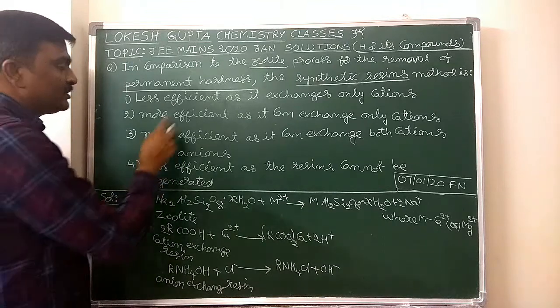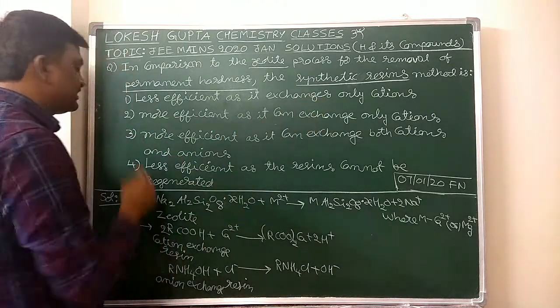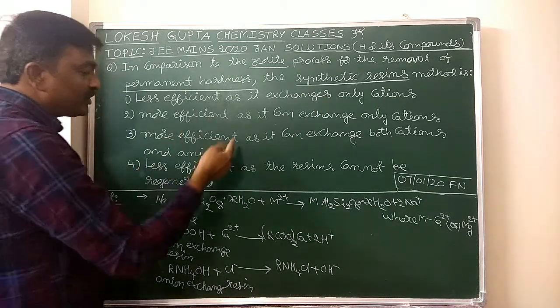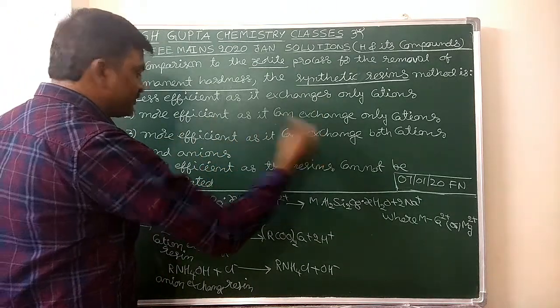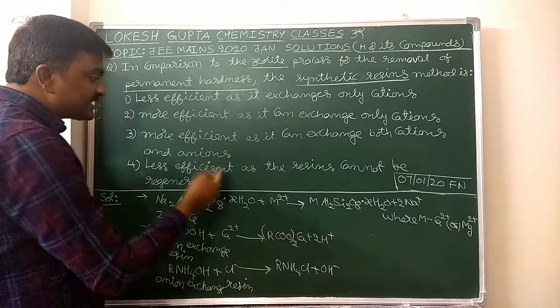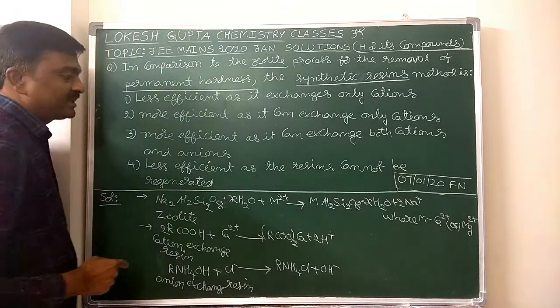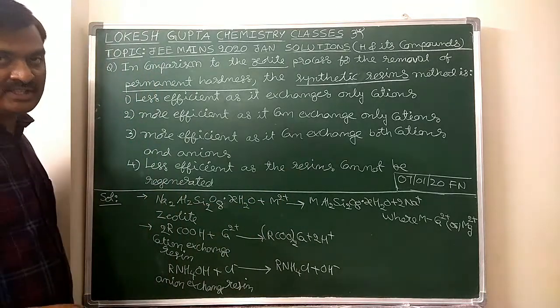Second option, more efficient as it can exchange only cations. Third option, more efficient as it can exchange both cations and anions. Fourth option, less efficient as the resins cannot be regenerated. Now what is the correct statement?